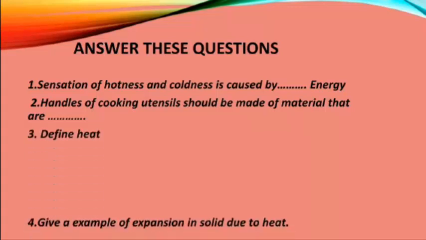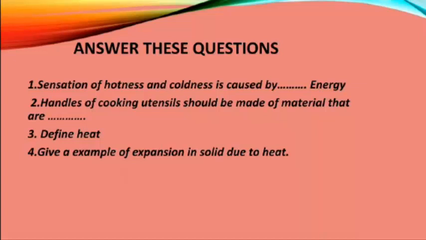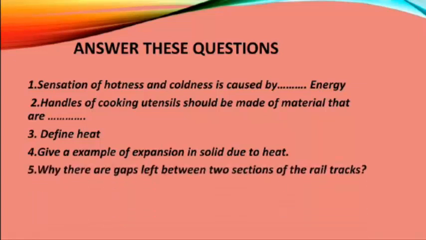Define heat. Give an example of expansion in solid due to heat. Why are there gaps left between two sections of the rail track? So children, these are few of the questions related to the topic we have discussed today. You need to solve all these answers.